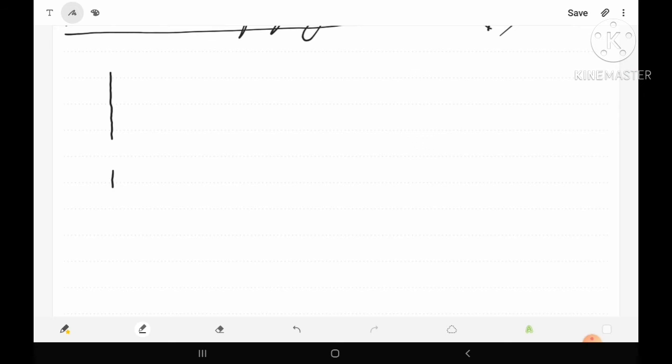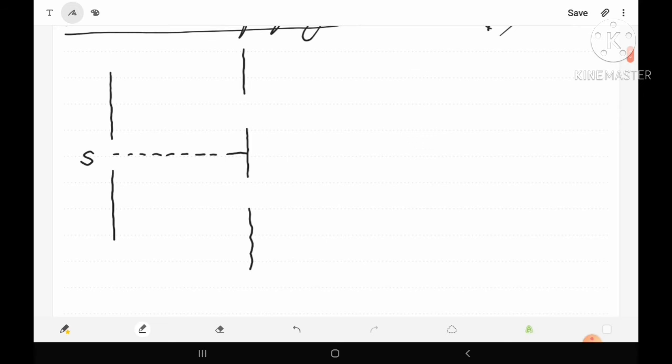Suppose this is slit S, and this is the central line passed through S, and in front of this slit S we have two slits, S1 and S2.